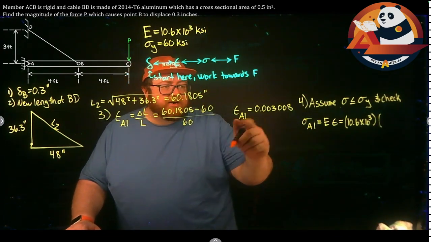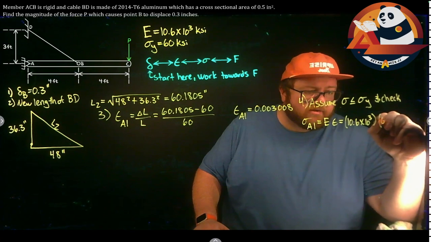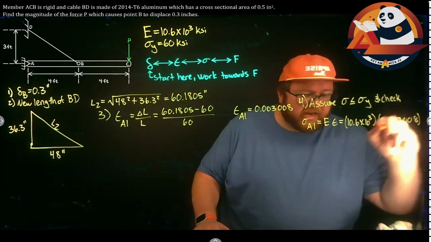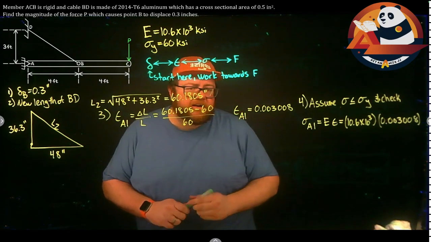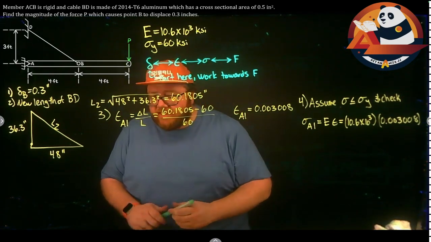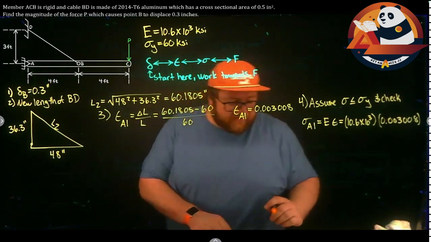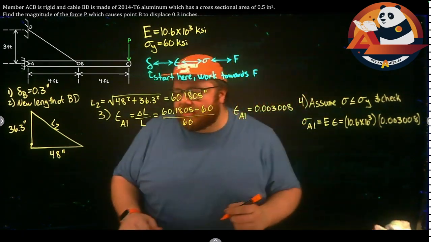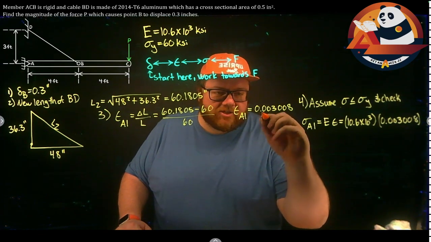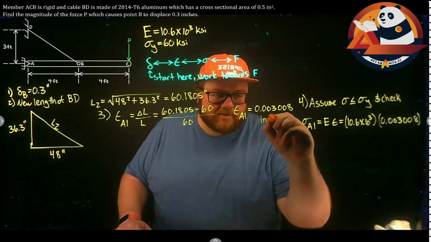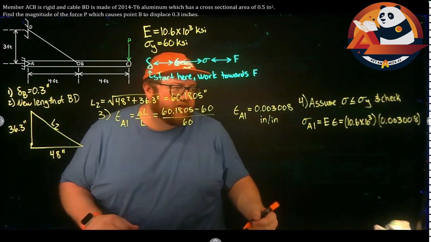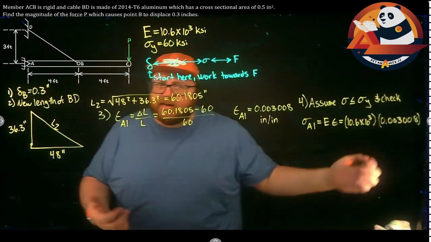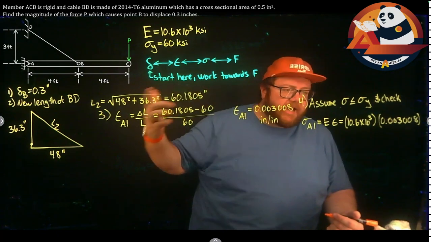We just got it here, 0.000300308. Also, I should get units in here. We know it's technically a unitless thing, but realistically, my units for strain we report as distance per distance. This was inches per inch. Those will cancel out themselves when we get here. My stress is still in the same units as my E, KSI.